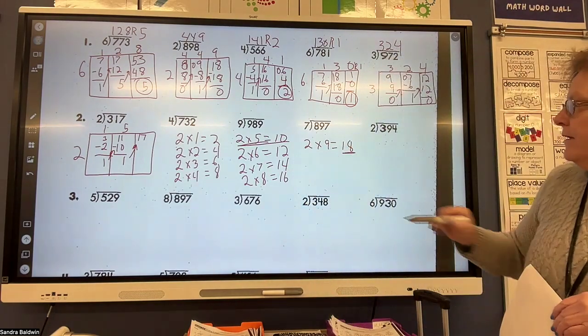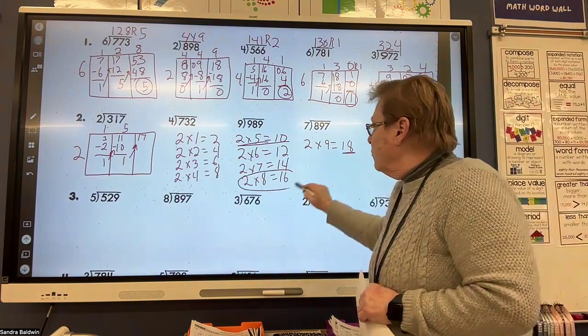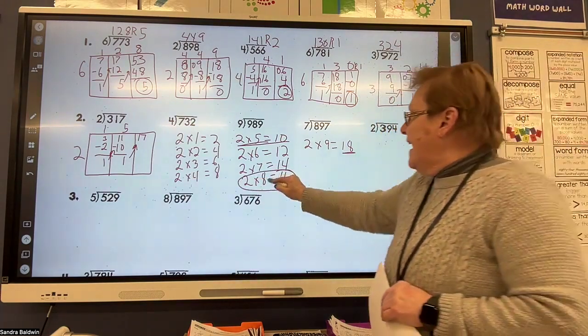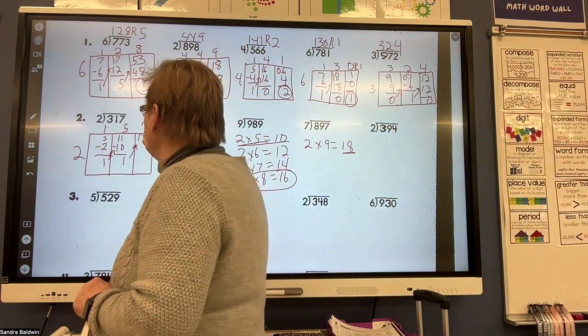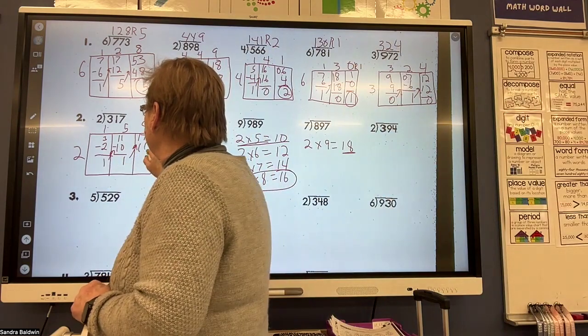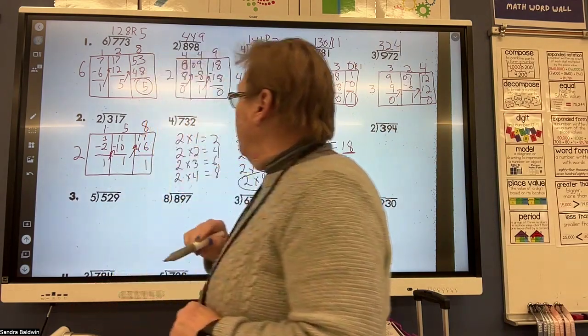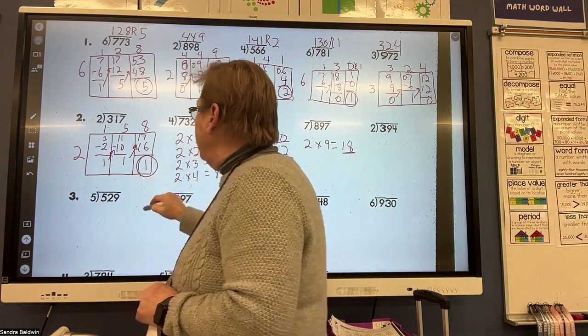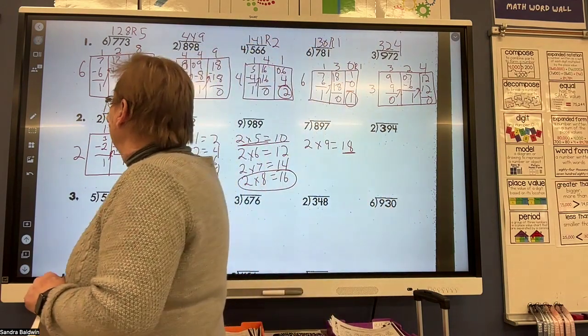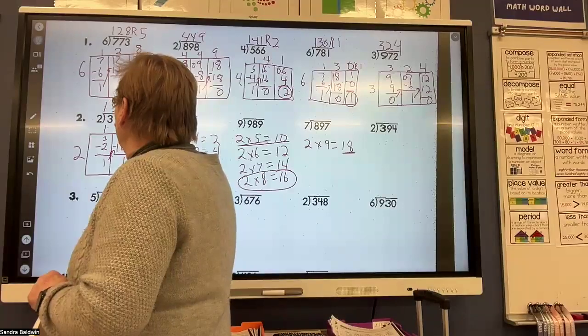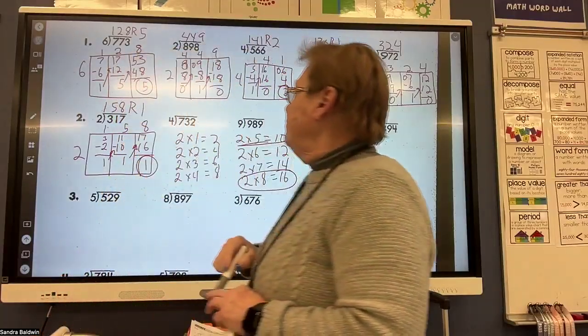I only have 17, so I'm going to back it up, and this is what I'm going to use. 2 times 8 equals 16. 8 times 2 equals 16. When I subtract, I've got 1 left. That becomes my remainder. So my answer is 158, remainder 1.